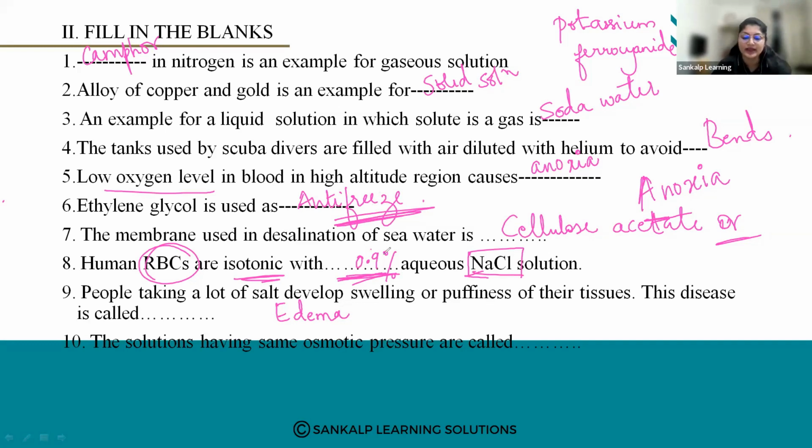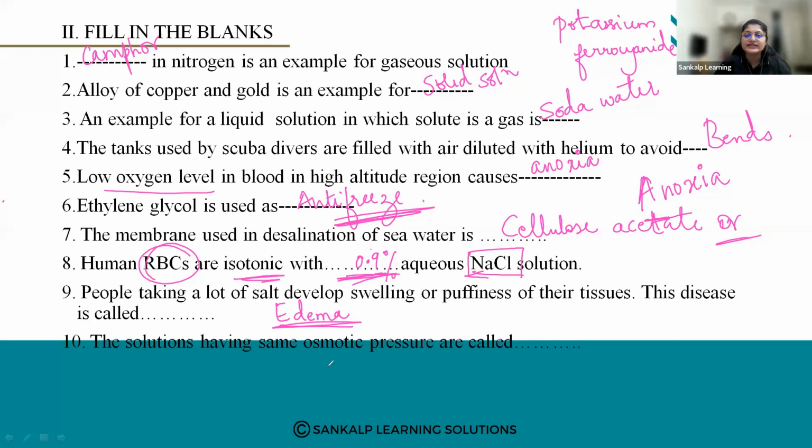Most of the fluid will be trapped in their legs. Edema can affect any part of your body, but more likely it will affect your legs and feet.